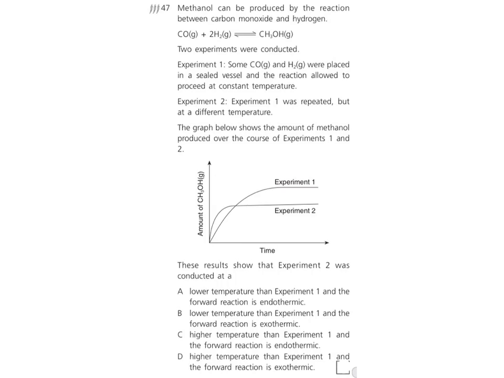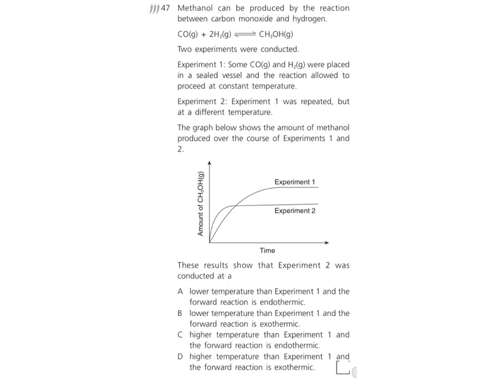Well, how are we going to do that? This is a good question because it relates back to kinetics as well as equilibrium. The first part of the question, as to whether experiment 1 or 2 is the hotter temperature, can be deduced by looking at the shape of the graph at the beginning of the experiments. In other words, remember that in a graph of concentration versus time, or amount versus time, we can deduce the rate of reaction by looking at slope.